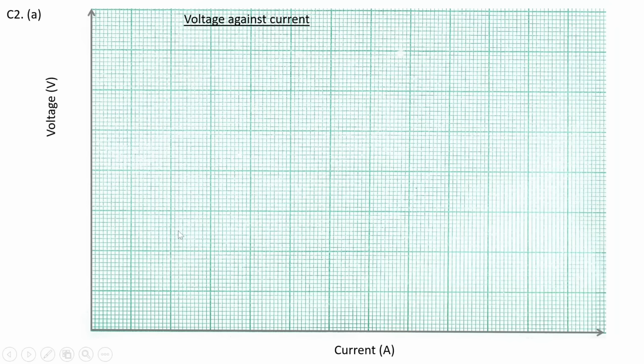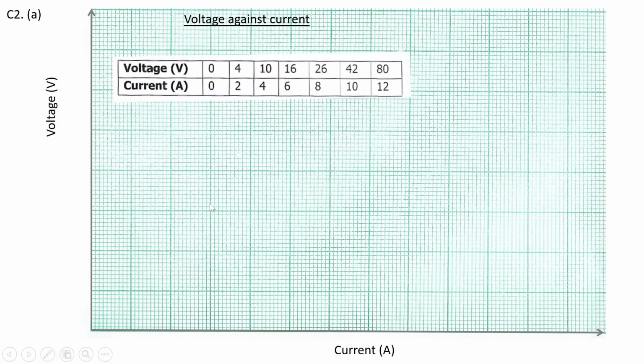Next, you need to put the values here. So bring the table containing the data. Now, the secret here is to make sure that the values you put here will accommodate the highest value. The highest value you have is 80, right? Then the lowest value you have is 0. So you put the values here to ensure that they accommodate everything.